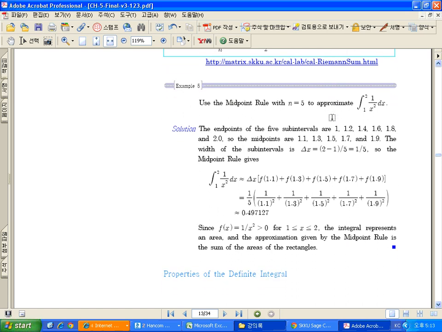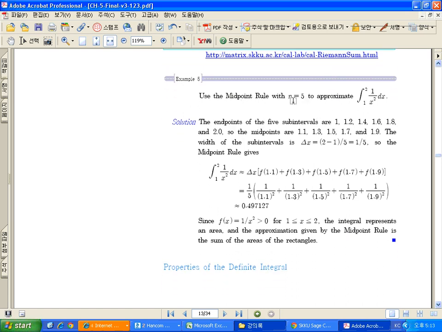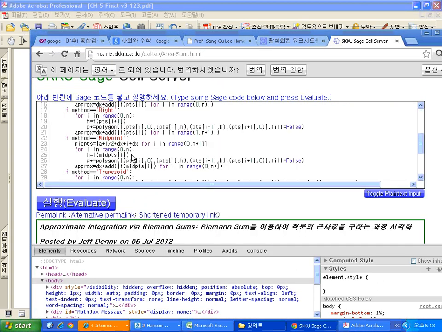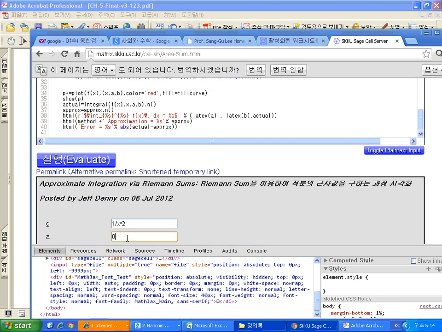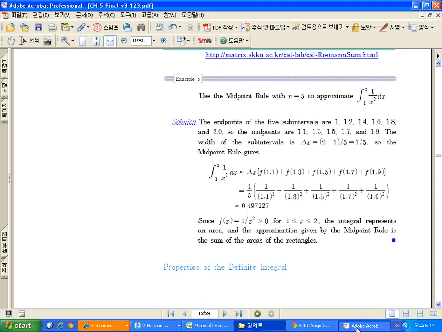The midpoint rule was explained, and we use it with the integral of 1 over x squared from 1 to 2. So we may just do it here. This is 1 over x squared, from 1 to 2.